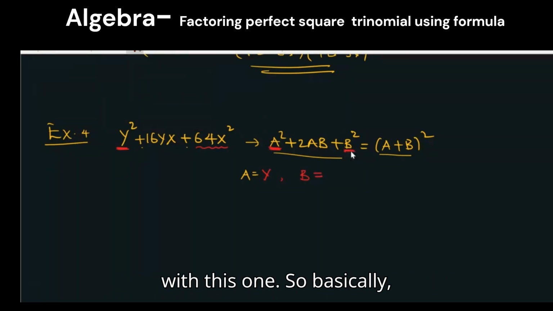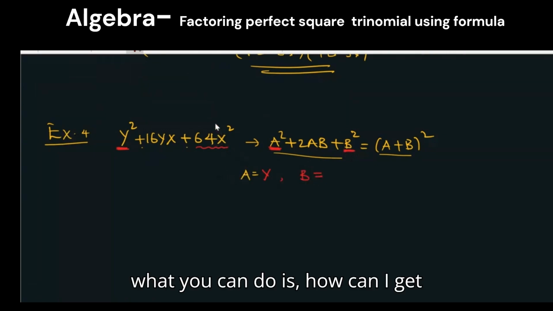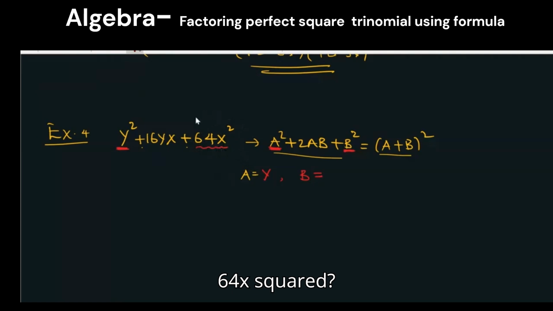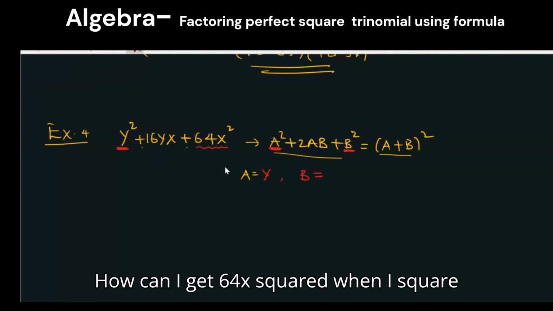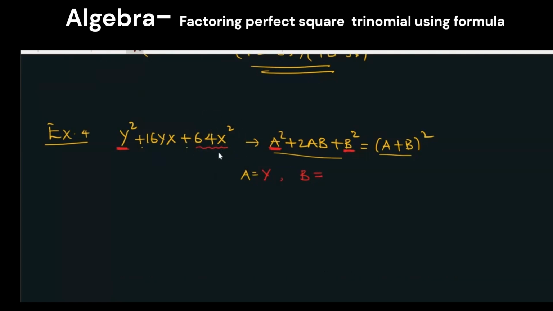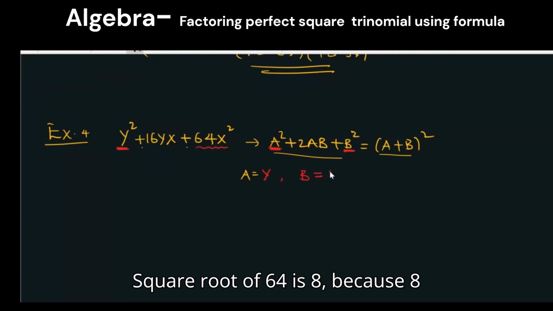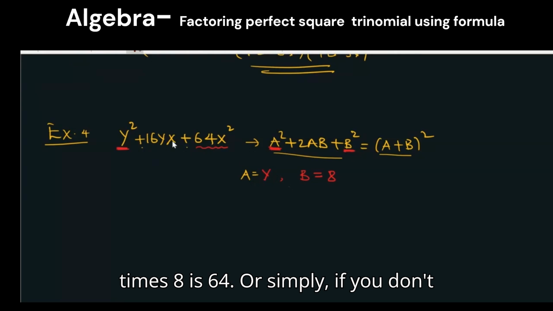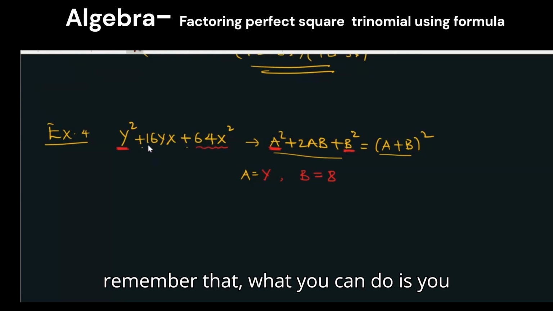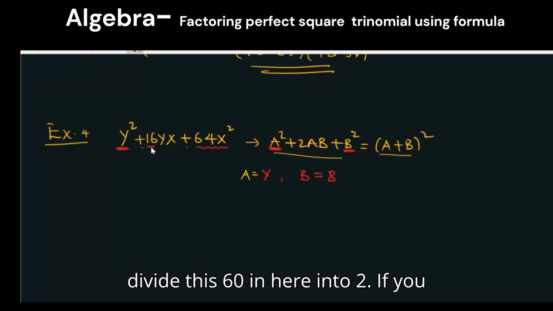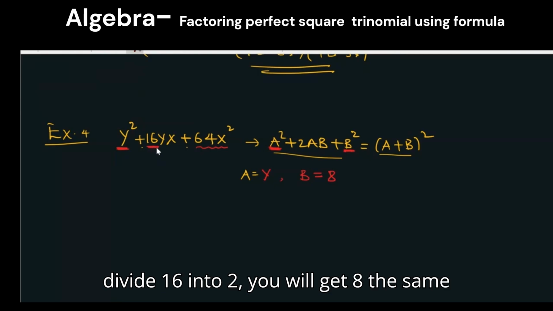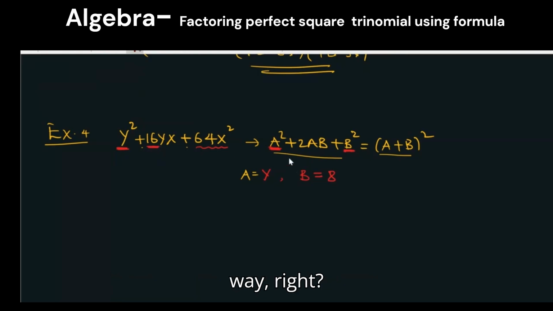So how can I get 64x squared when I square that number? The square root of 64 is 8, because 8 times 8 is 64. Or if you don't remember that, you can divide this 16 by 2, and you will get 8 the same way.